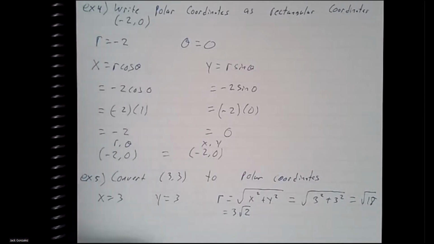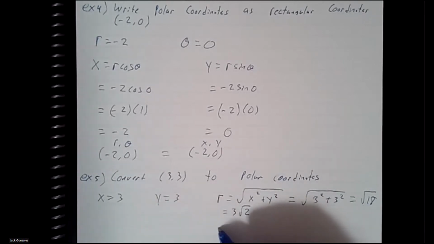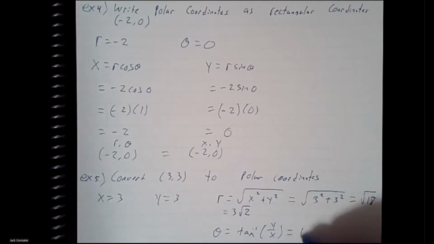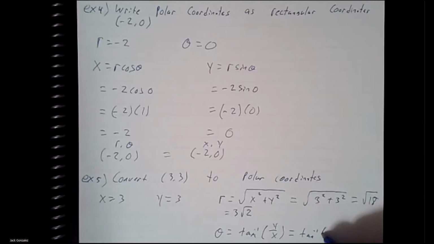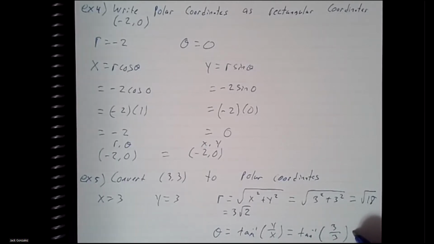So now we need theta in order to convert this. We got the r, now find theta. So remember we said theta is equal to tangent inverse of y over x, which is tan inverse of 3 over 3. 3 over 3 is 1, that would give us pi over 4.